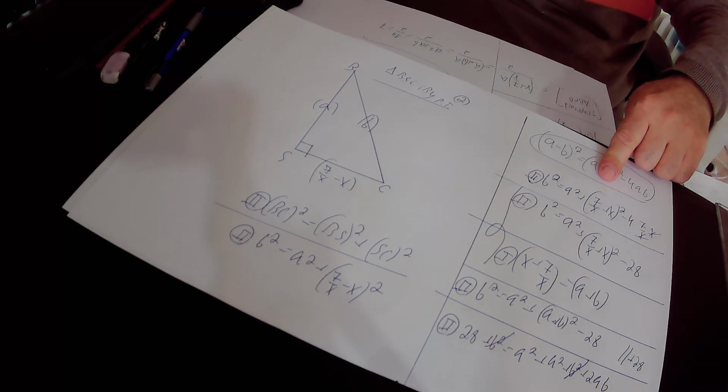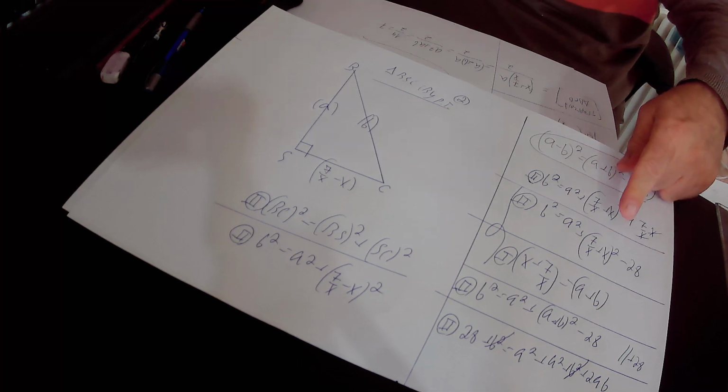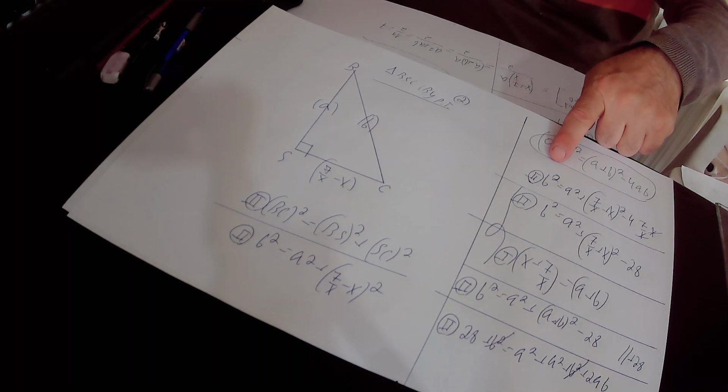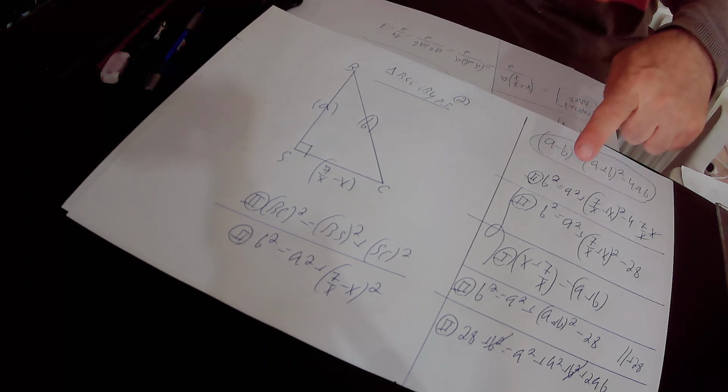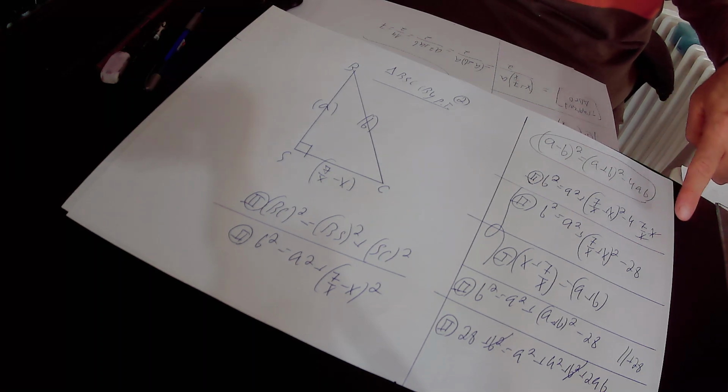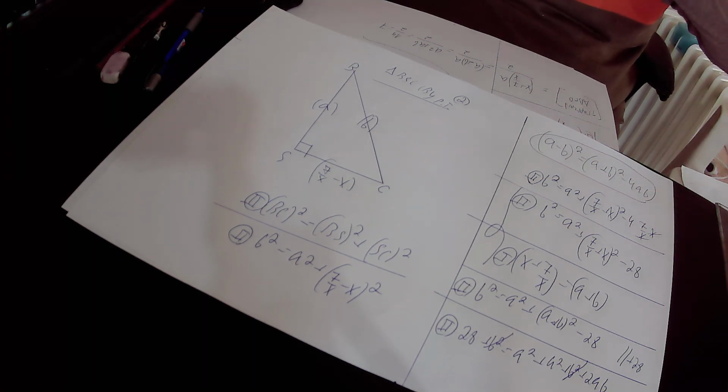Here I copy the expression 7 over x plus x squared, and all the other things didn't change. It is b squared equals a squared plus 7 over x plus x squared minus 28.